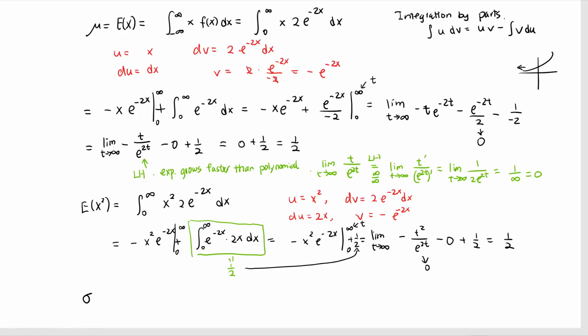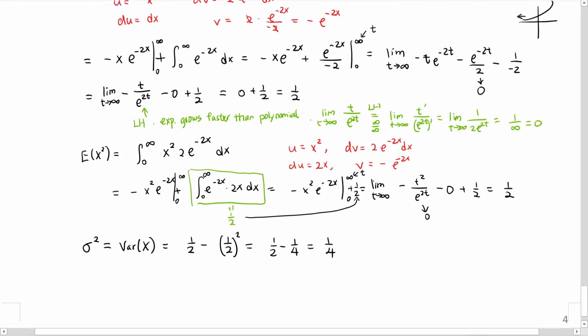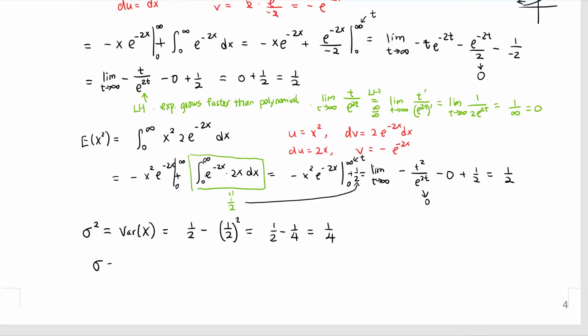Finally, the variance is the second moment, which is 1/2, minus the mean, which is also 1/2, squared. So 1/2 minus 1/4 is 1/4. Okay, so this is the variance. How about if I ask you to find the standard deviation?